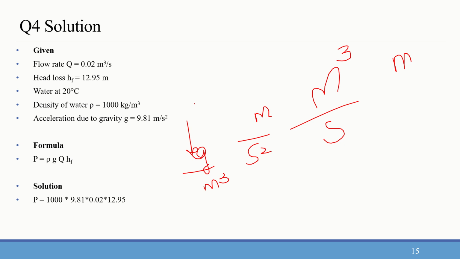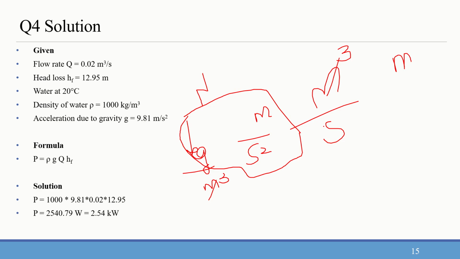So what is the unit of power here? kg, this will give us Newton, and these two get cancelled, meter cube and meter cube, and Newton meter per second cube. Newton meter is joules actually, but what happened? Actually, it is watts. Joules per second. Something is wrong.